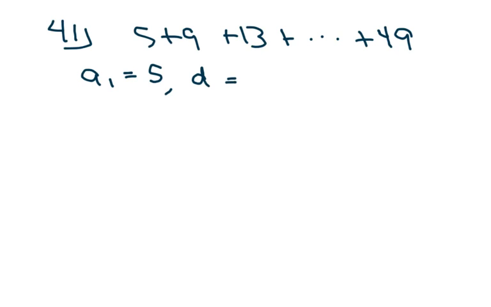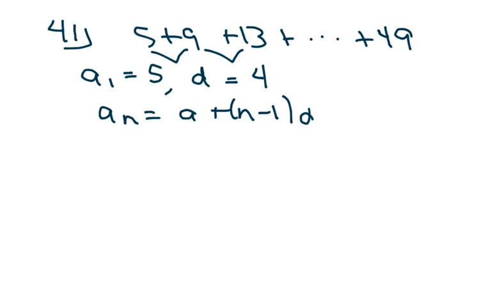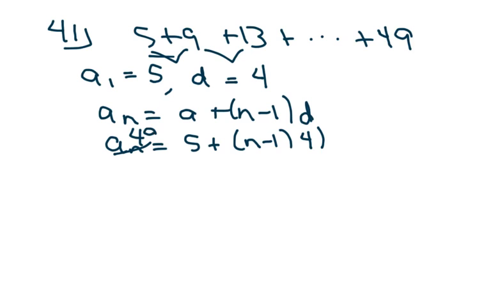My D equals 4, because the common difference is 4. And I'm going to use first the formula A sub n equals A plus n minus 1 times D to find my number of terms. So A sub n equals 5 plus n minus 1 times 4. And A sub n is my last term, that's 49.